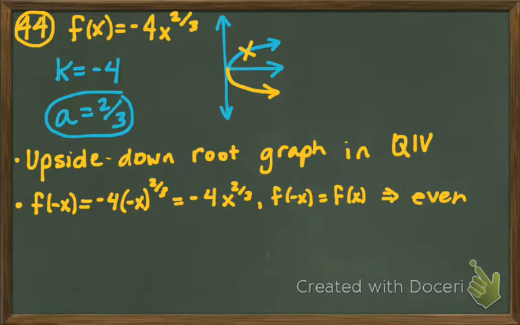Well, that becomes really important to our initial analysis that we expected to see this root looking graph in the 4th quadrant, because now, having added to our discussion the fact that this is even, I now expect that when I have this piece on the other side, it's going to reflect.